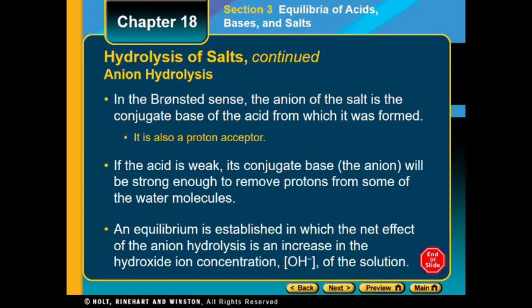And once equilibrium is reestablished, the net effect of this anion hydrolysis would be an increase in hydroxide ion concentration of the solution, which means it would be more basic for that example.